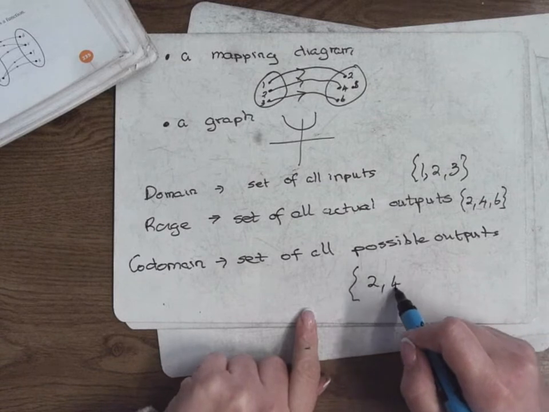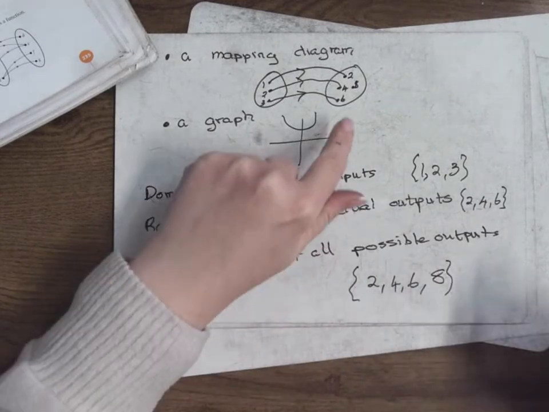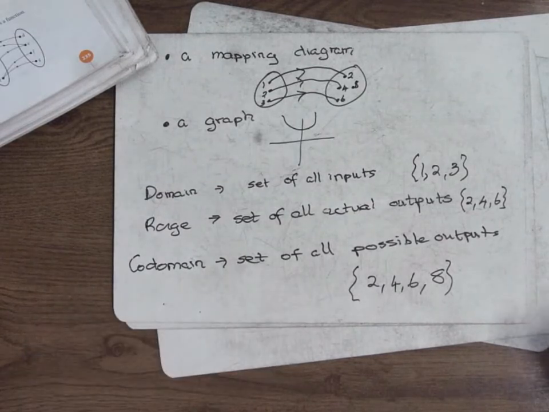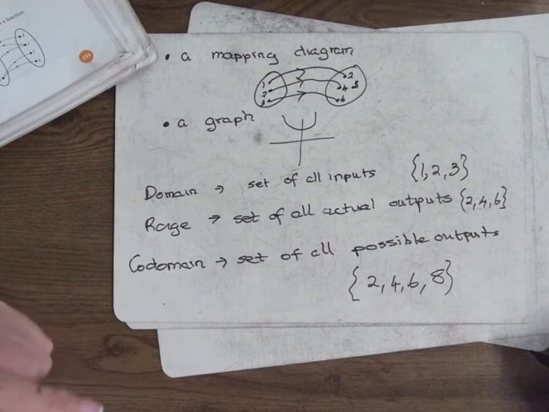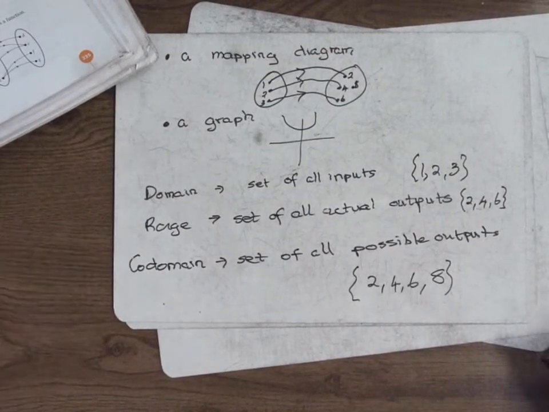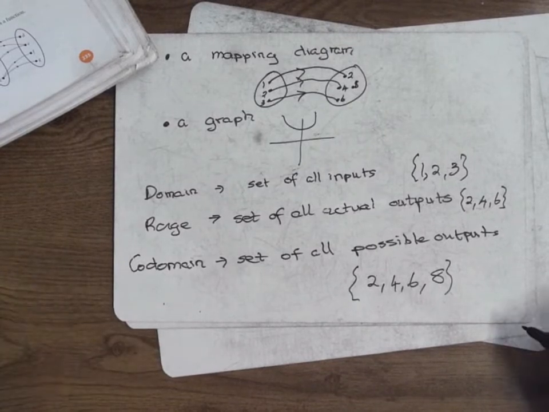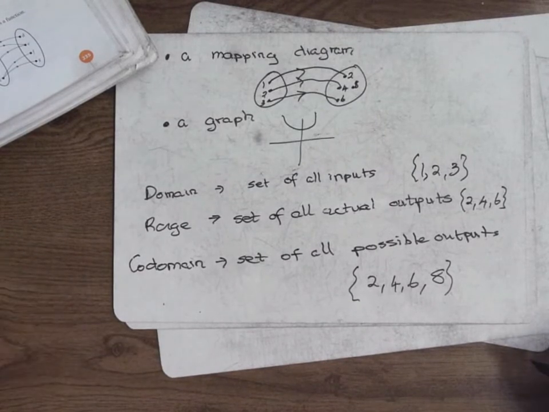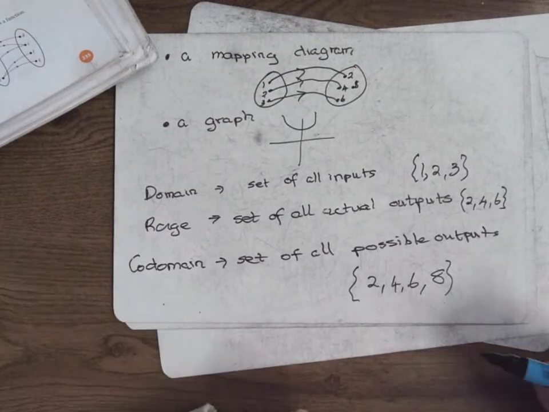So 2, 4, 6, and 8 will be the codomain above. I'll talk more about codomain in a minute, and domain and range. But for the moment, the domain is what you put in, the range is what you get out, and the codomain is all the possibilities that you could get out. So they mightn't actually come out, but it's possible to get them.